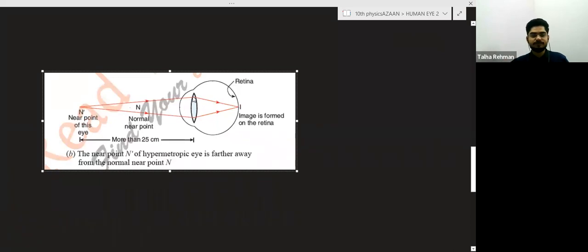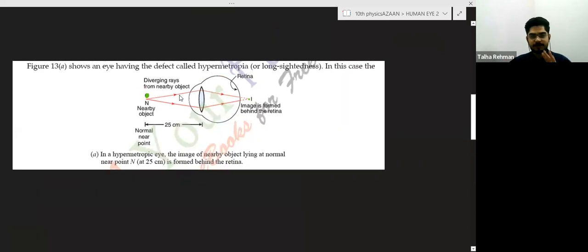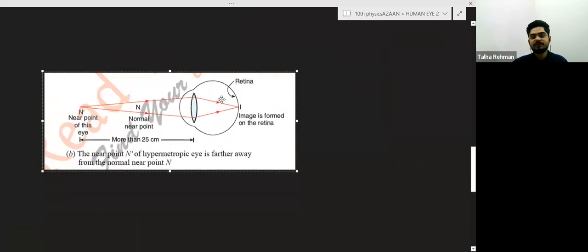This is another diagram. This is the retina basically. This is the normal point. What is the meaning of normal point? It means this distance will be 25 centimeters.